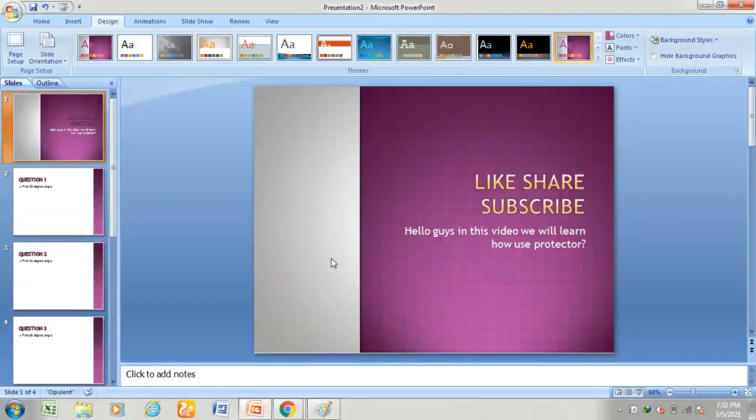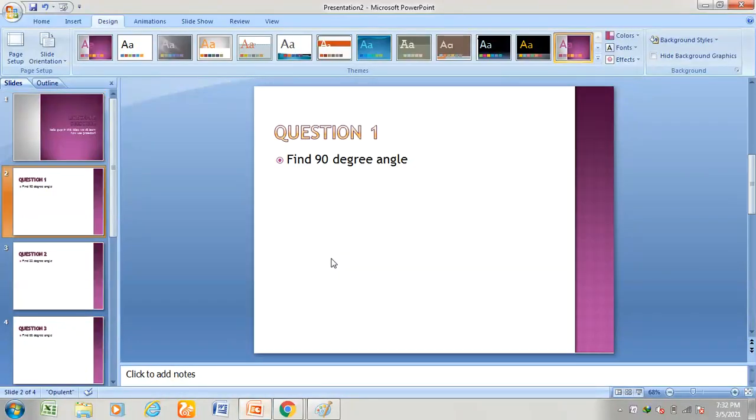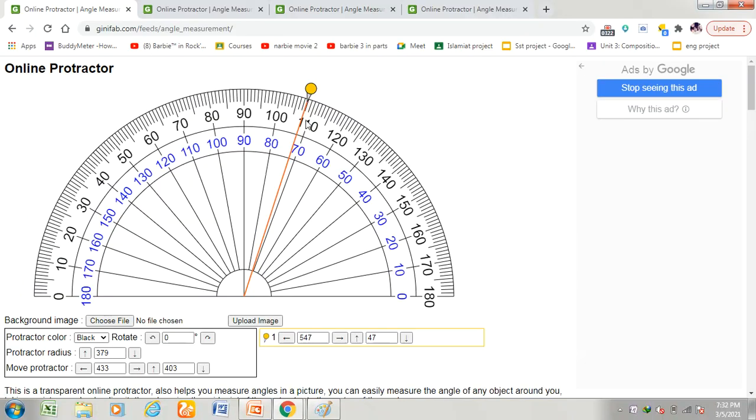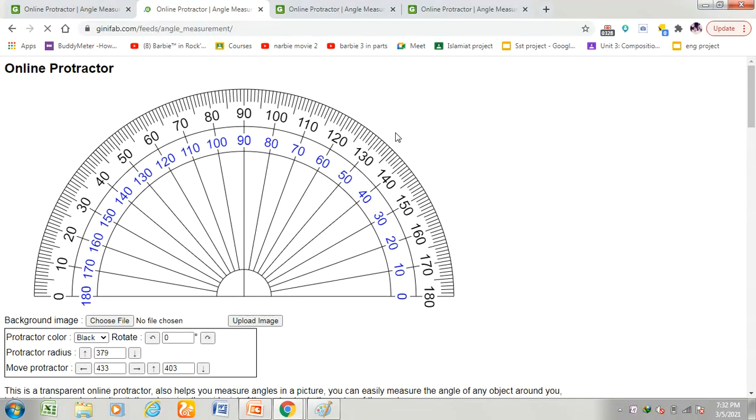So what are our questions? Our first question is to find 90-degree. So we are here. How to find 90-degree? I will tell you now how to find 90, 80, 70, 60. So where is 90?